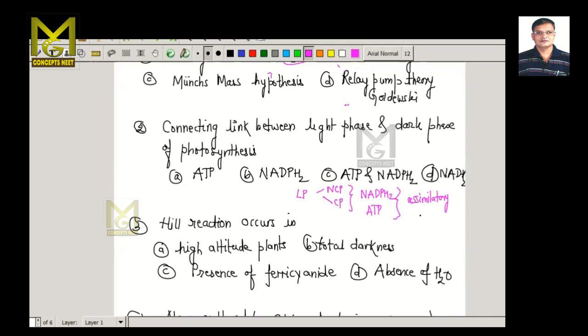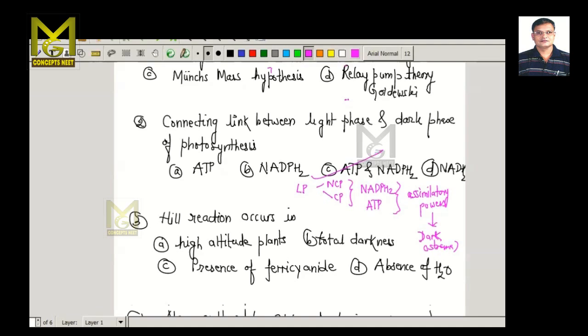These assimilatory powers are used as raw material in the dark reaction, which takes place in the stroma. So the correct answer, the connecting link between light and dark phase, is ATP and NADPH2. The correct option in this case is C.